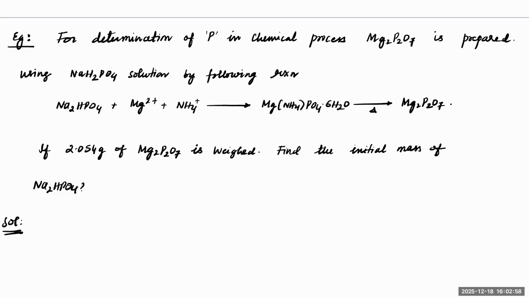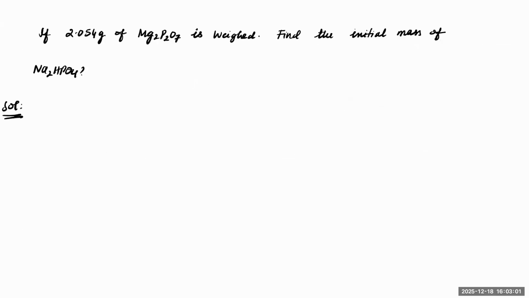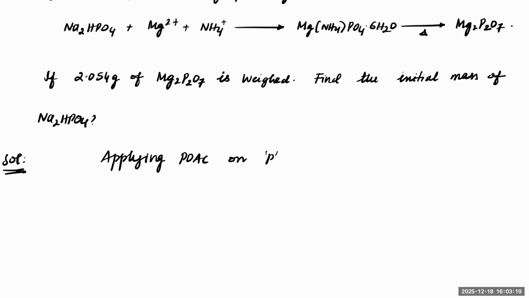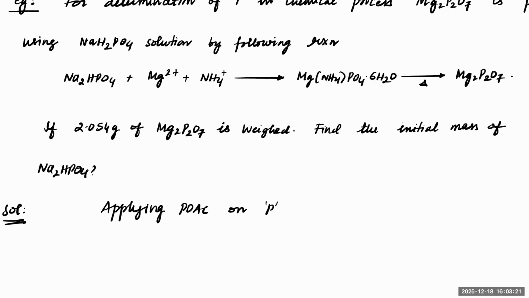You will be applying POAC on phosphorus, right? Here the main job you need to do is finding out the molar masses of this and this, correct? That's where some marks will be lost.